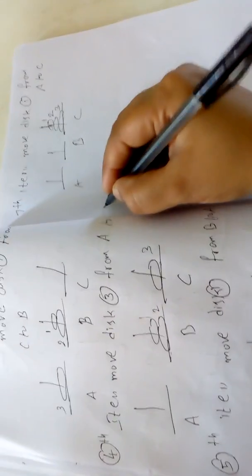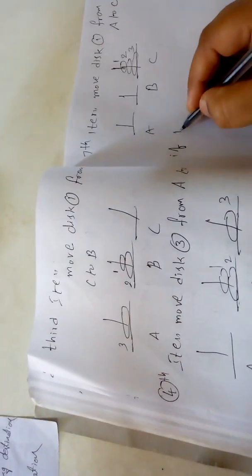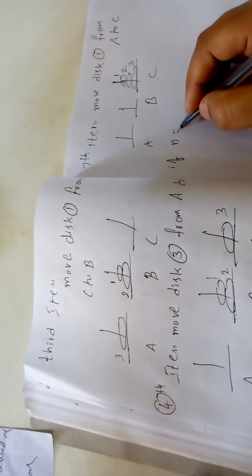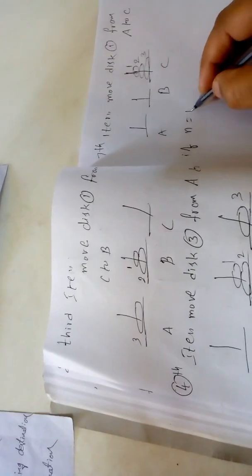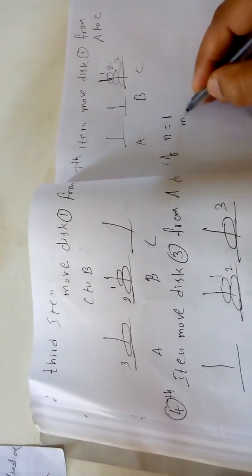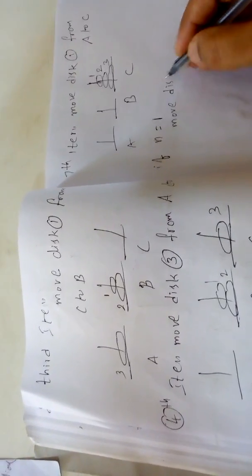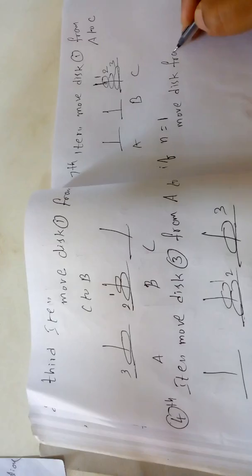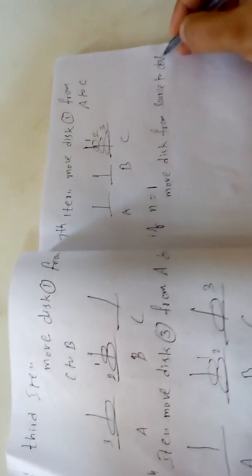First we'll write the algorithm. First we assume n equals the number of plates or disks. So let n equal 1. If n equals 1, we directly move the disk from source to destination without the help of the auxiliary. Why? Because we have only one disk.